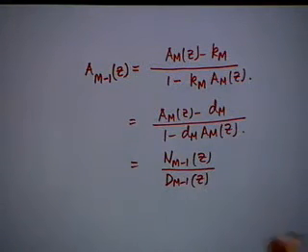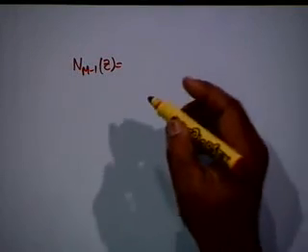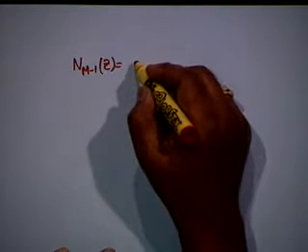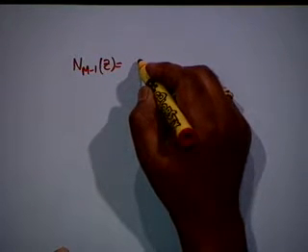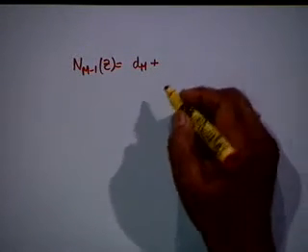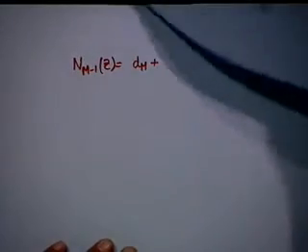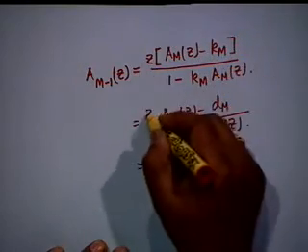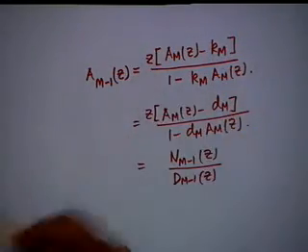Now, if I substitute for Am(z), then what I get is N_{m-1}, the numerator, of z shall be equal to Am(z) minus dm, and therefore the numerator of Am(z)... I beg your pardon, I made a mistake. I have a multiplication of z here. Would you correct this? I multiply by z.